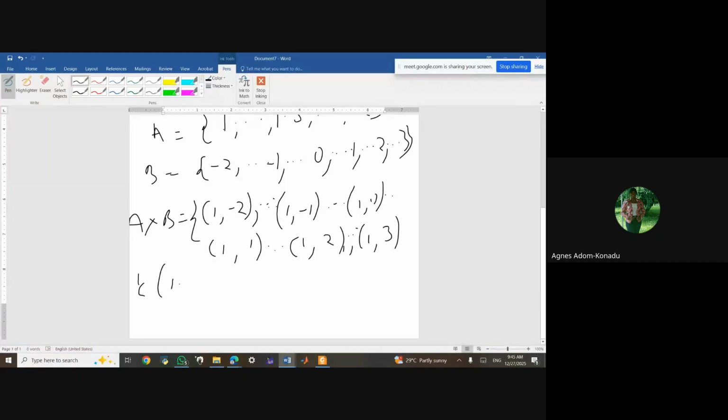Then I can pick 1.5 and then -2. Then some points before 1.5 and -1, some points 1.5 and 0, some points 1.5 and 1, 1.5 and 2, and then 1.5 and 3.